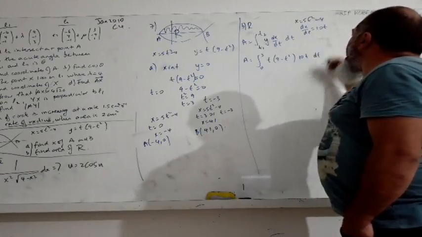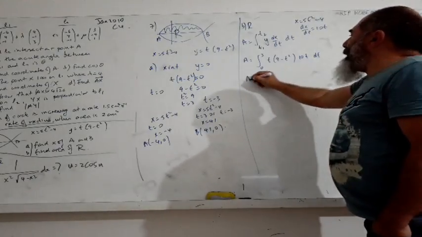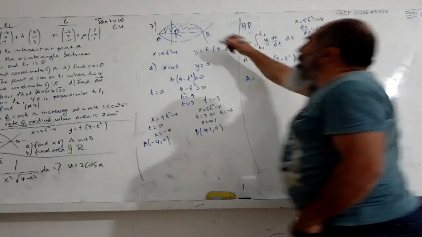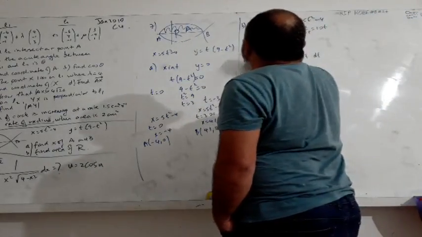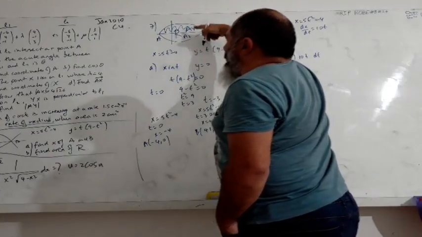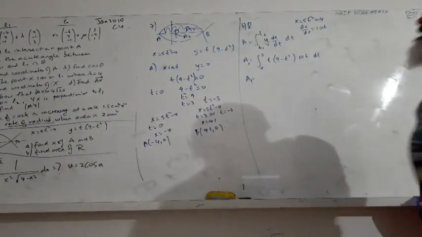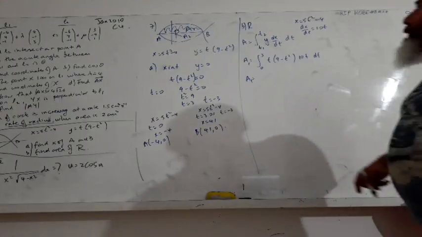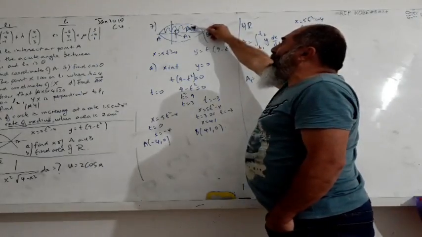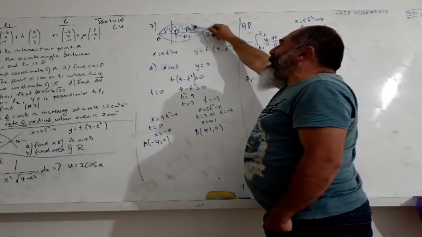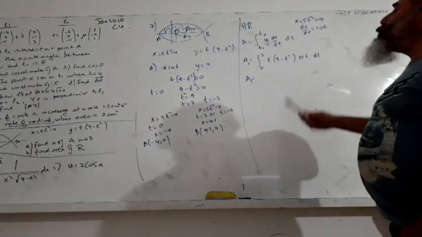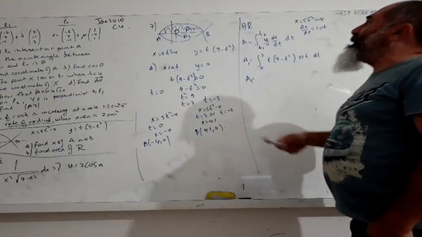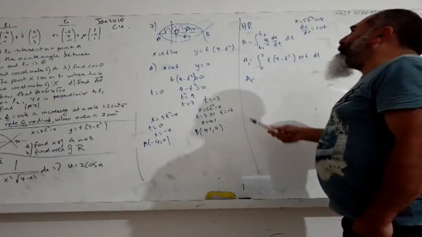So the first part there, call it A1. Another area here is called A2, but be careful, they are equal areas. So after finding A1, to find the region R, I'm going to multiply by 2. That's the only thing to do.